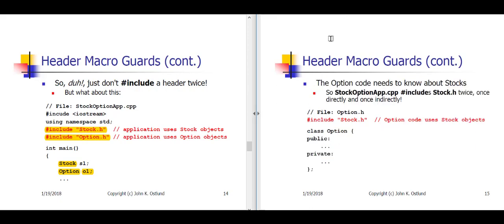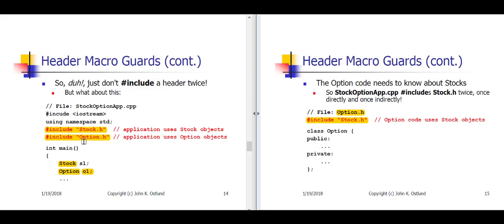And as shown here on slide 15, this is going to cause a problem, because the option class needs to know what a stock is, so the option header will typically also include the stock header. And consequently, in our application, when we include option.h, that is going to end up including stock.h a second time, even though we, developing our application code, don't see that that's happening.